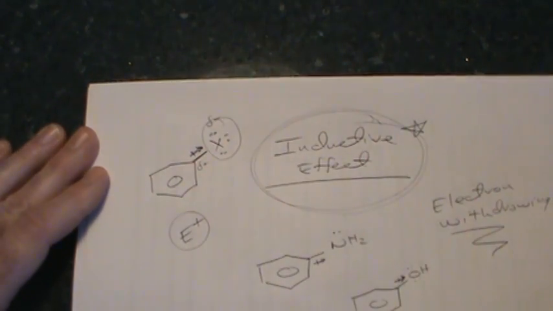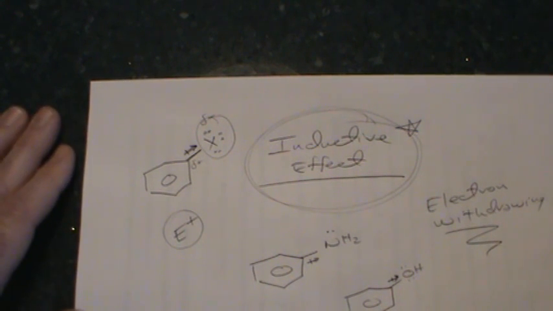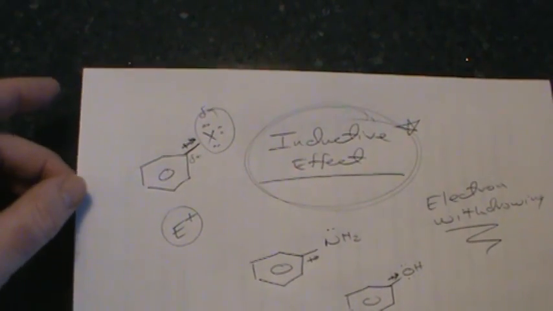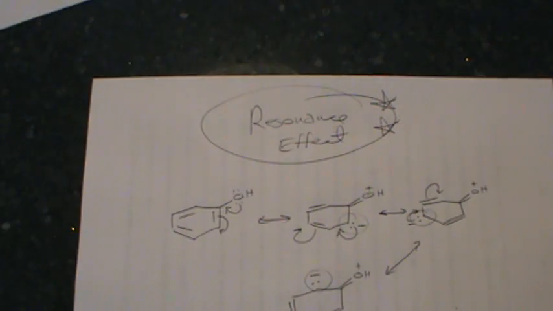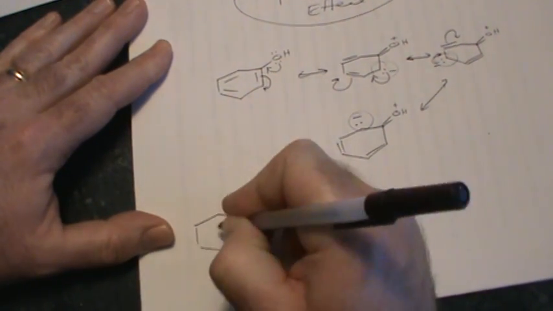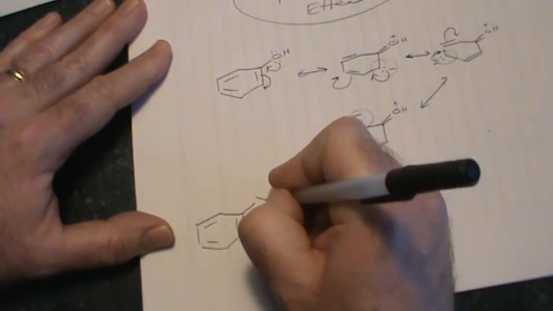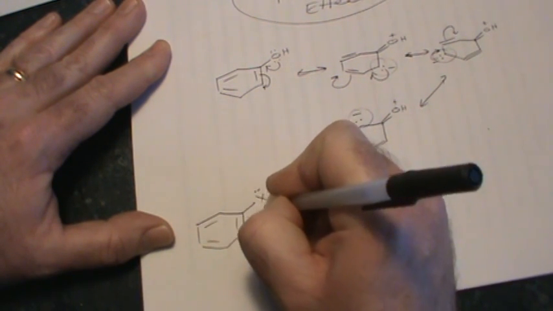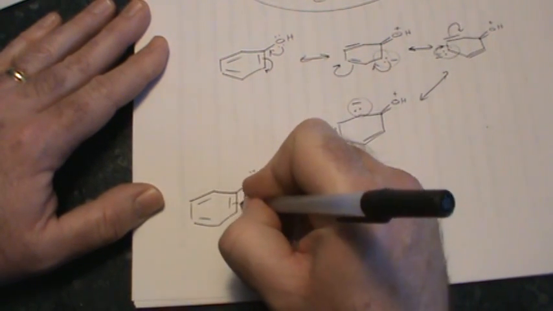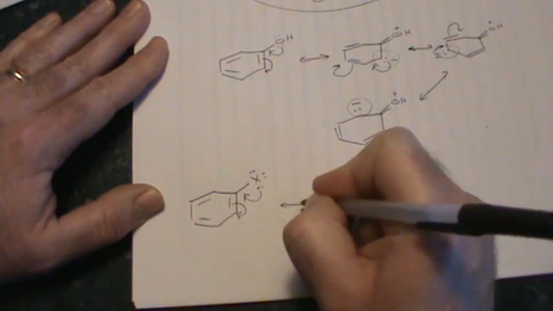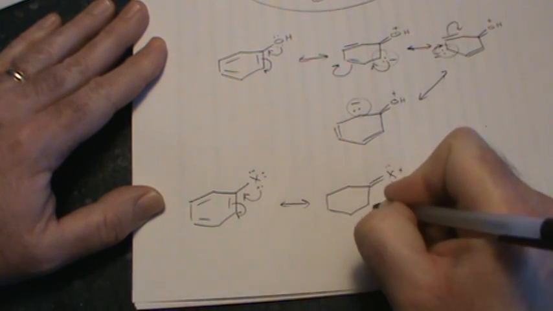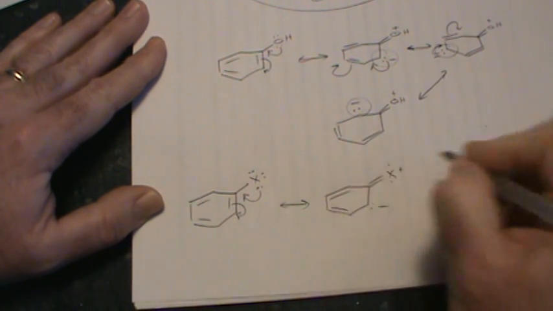But looking carefully, the halogen also has lone pairs, just like the amino group has a lone pair, just like the hydroxyl group has two lone pairs. So there should also be a resonance effect for the halogens. And indeed there is. I can take any of those lone pairs and pump them into the pi system as well. And you see that I'm on my way towards drawing very analogous resonance forms.